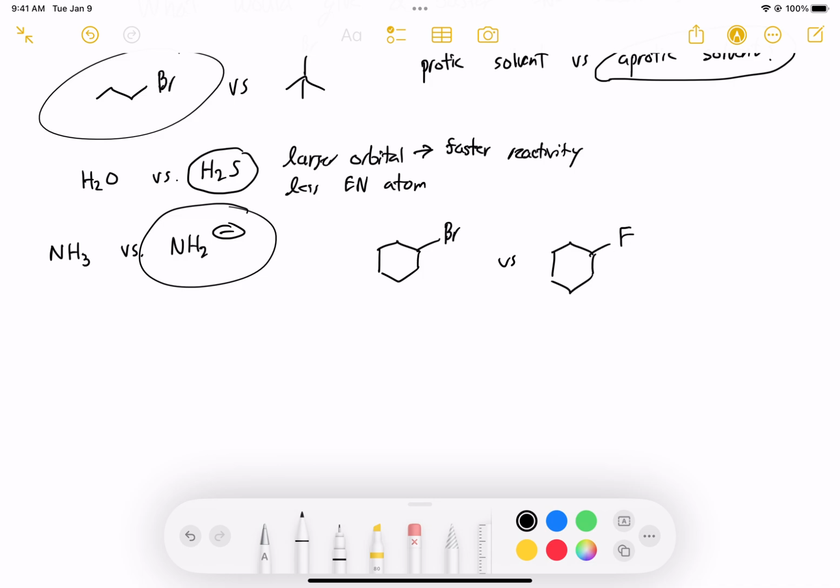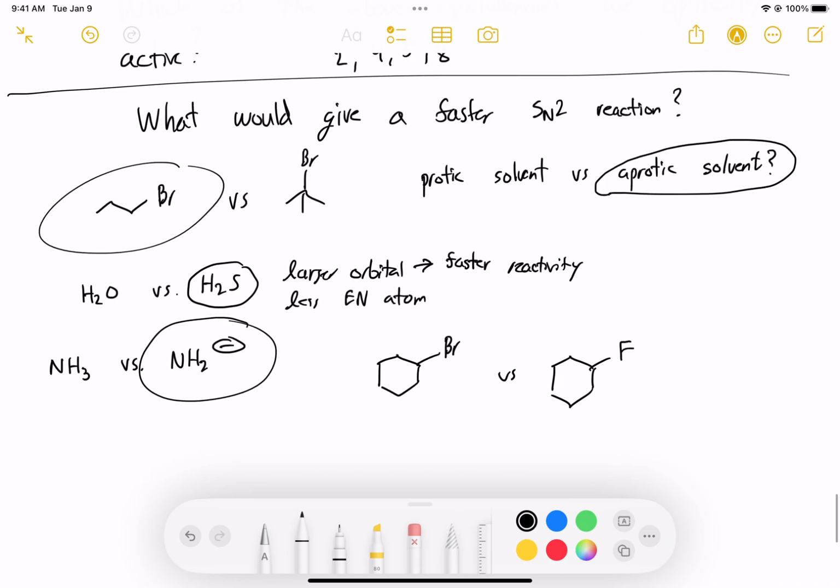All right, so remember the more electronegative you are, the better the leaving group. Well, sorry, no, that's false. The larger the atom, the better leaving group you'll be. So your leaving group's dependent on the strength of the conjugate acid. So we compare HBr to HF.